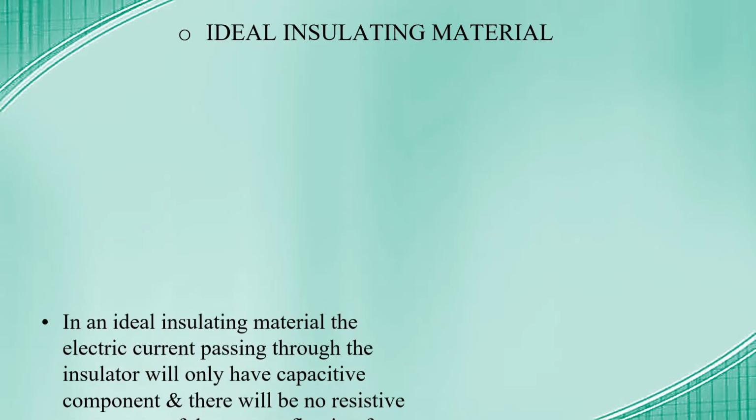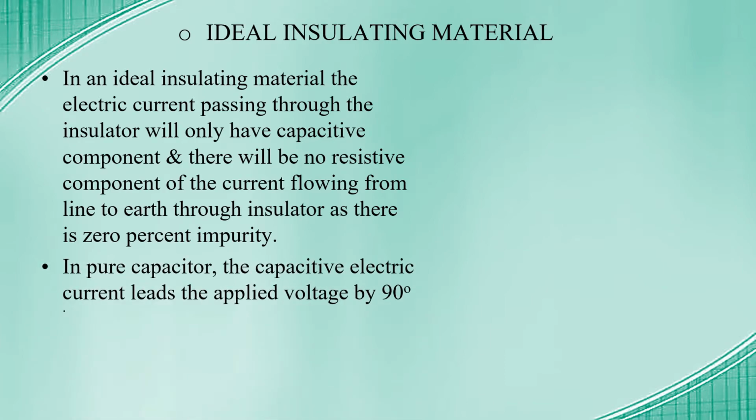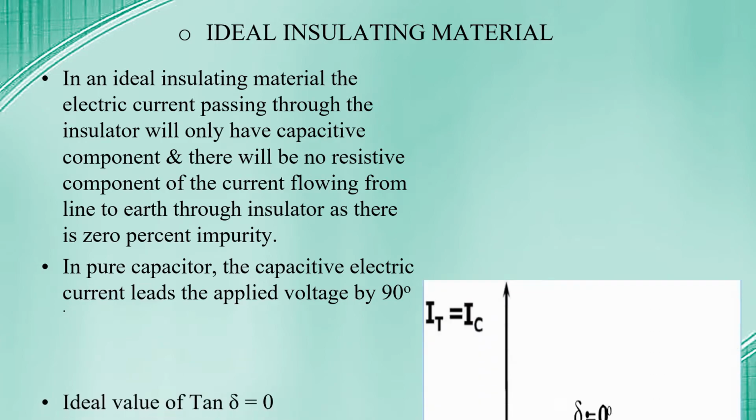First, let us consider ideal insulating material. In ideal insulating material, the electric current passing through the insulator will have only a capacitive component and there will be no resistive component of the current flowing from line to earth, as in an ideal insulator there is 0% impurity.